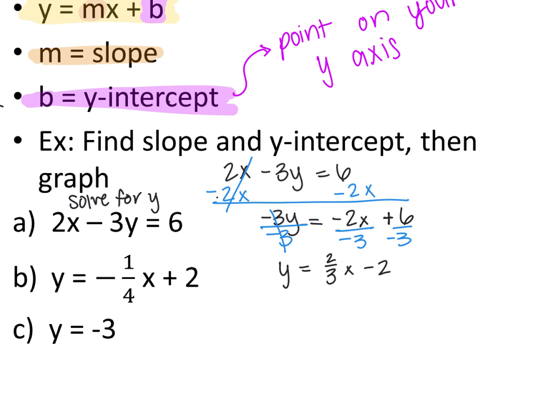So now I'm going to identify my slope and my y-intercept. What is my slope for A? 2 over 3. Good, 2 over 3. And what is my y-intercept? Negative 2. All right, looking at B. What is my slope for B?